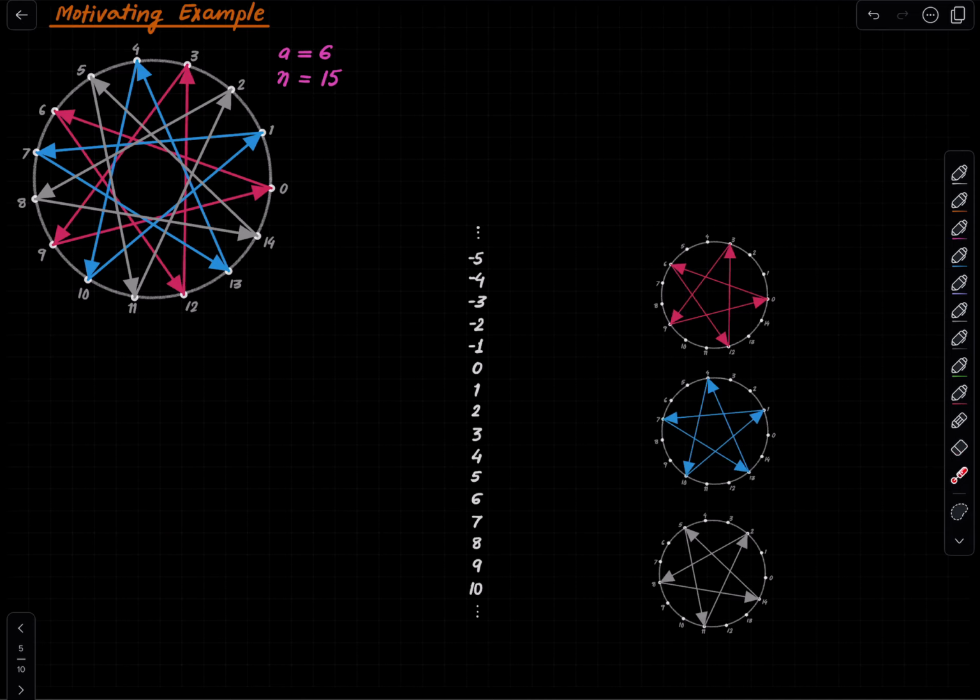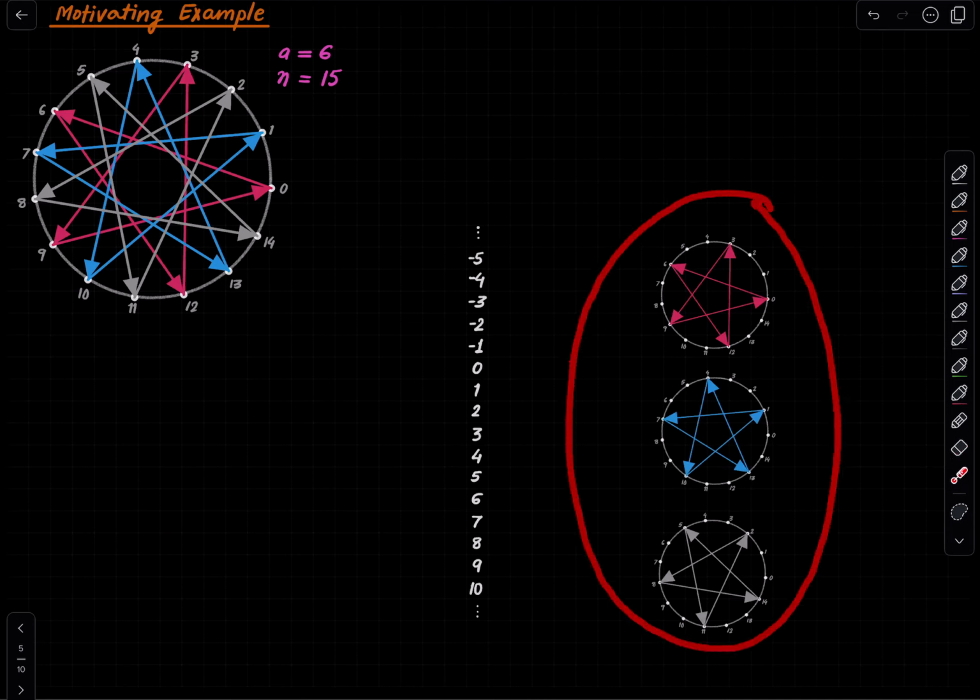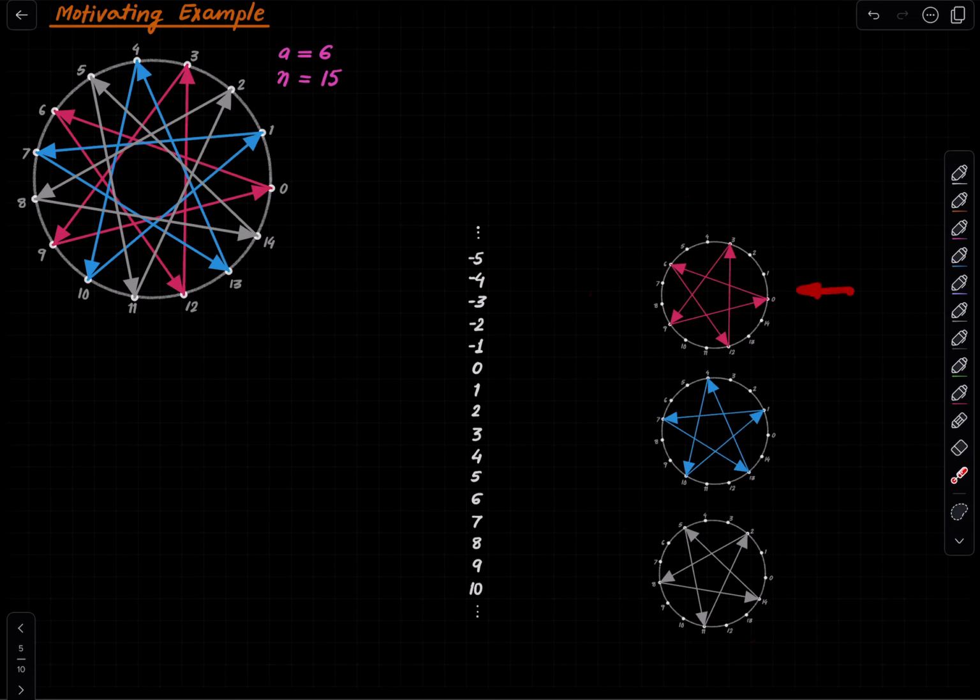So let's isolate the three trajectories separately. This is the red trajectory, the blue trajectory, and the gray trajectory. And here I have listed out all the integers. Now here is what we are going to do. We pick some integer, let's say 3.